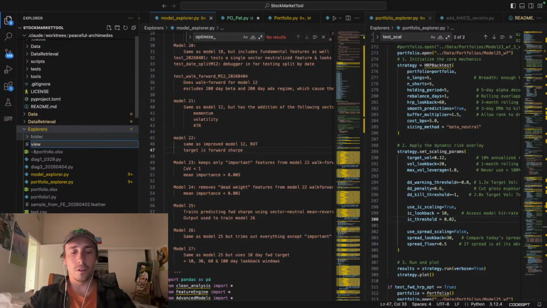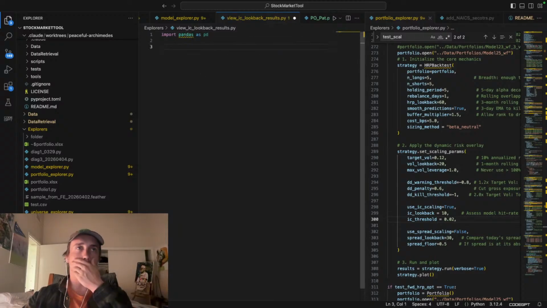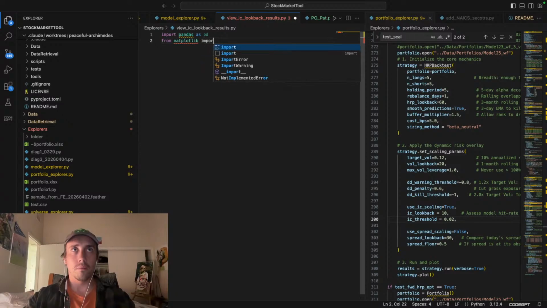View IC look back results .py. All right, so let's do import pandas as pd. Okay, now we want to say from matplotlib import pyplot as plt.